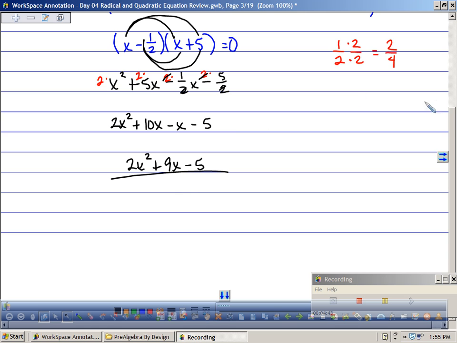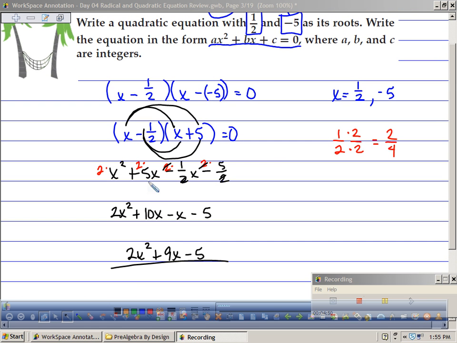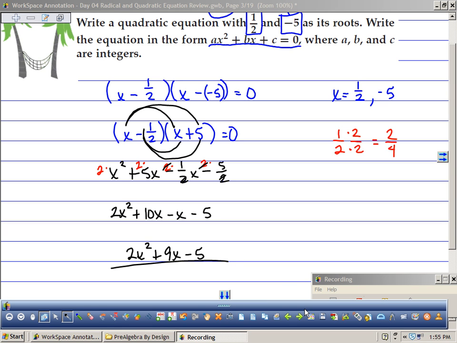Okay? So if you get a fraction, all you have to do is multiply by the common denominator and get rid of those fractions. Everybody okay with that? If not, you just FOIL it. The only reason you would have to do anything with fractions is if you have a fraction in here.